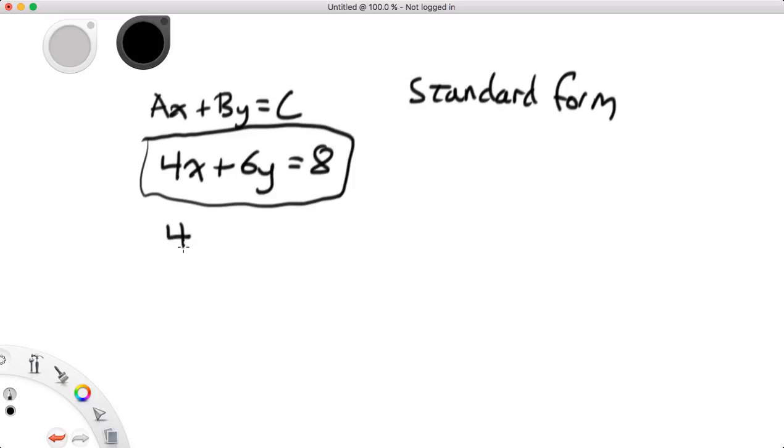Now, this is legitimate, and I think this might even be called the standard form of a linear equation, but it doesn't really give you any information. So what we would do with something like this is convert it to the slope-intercept form. And I'm going to show you how we would do that.